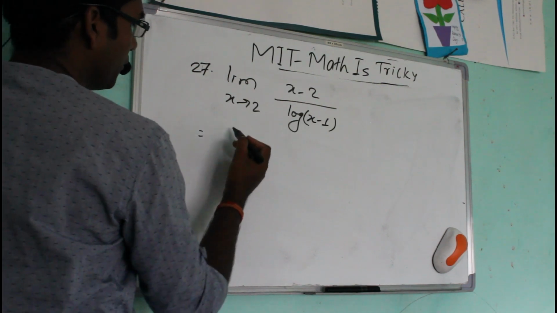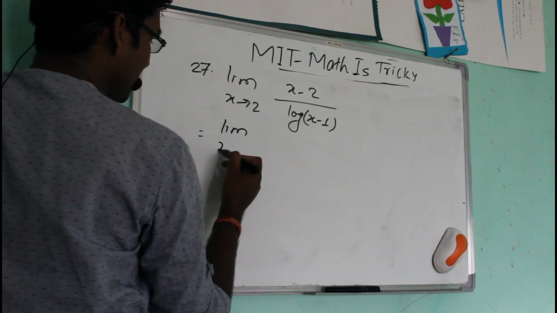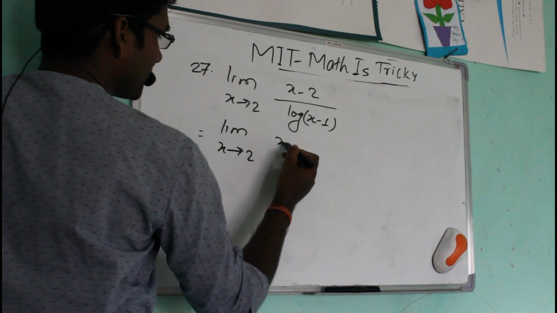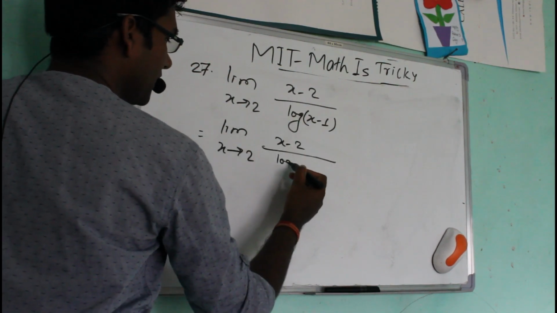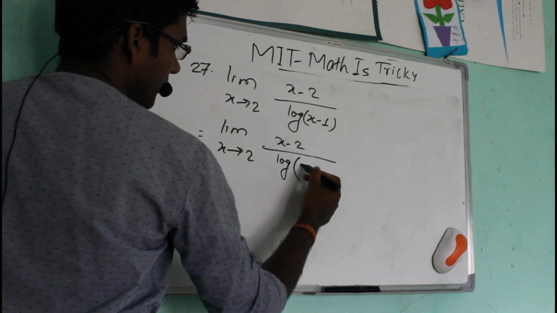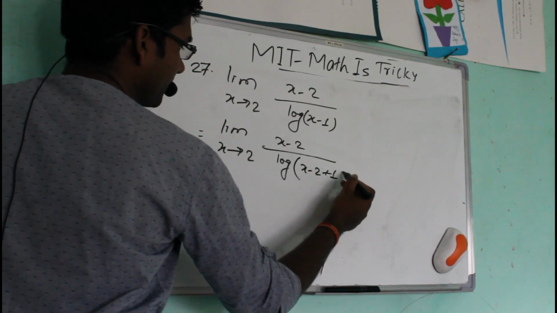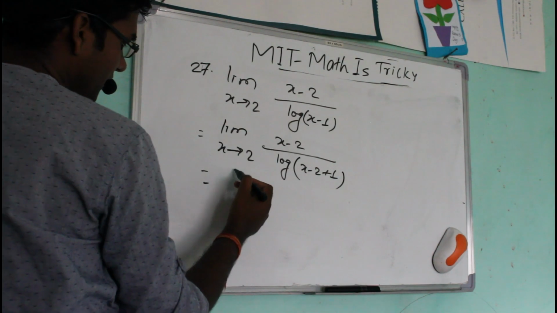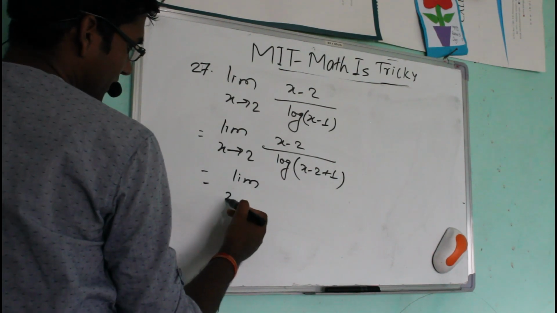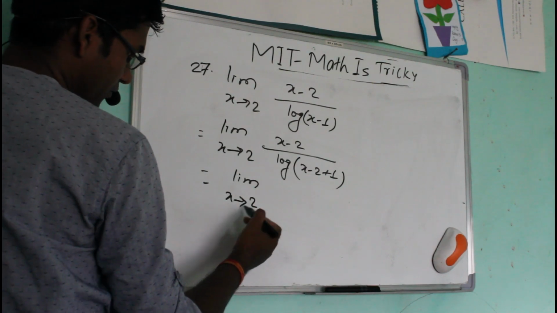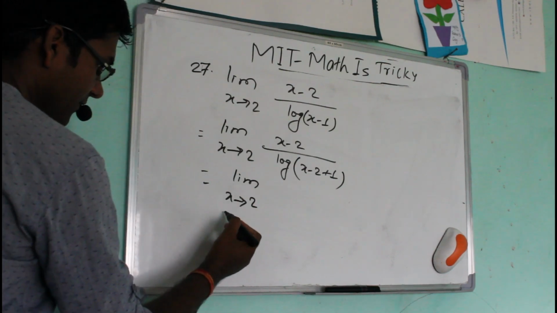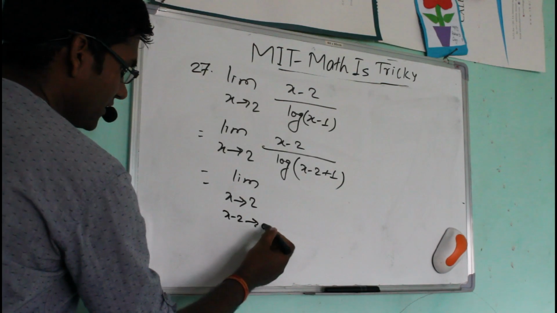So as before, simply we can write here, x tends to 2, x minus 2 in the numerator. So just write log of (x minus 2 plus 1) in the denominator. If you see here, x tends to 2, that is, also you can write x minus 2 tends to 0, same thing.